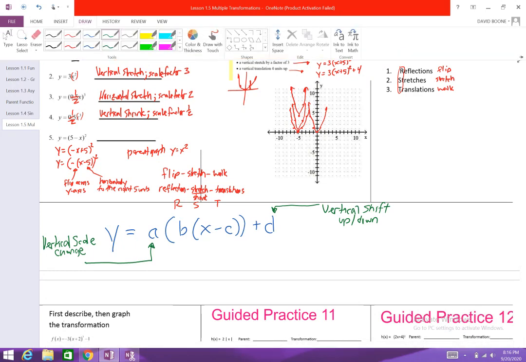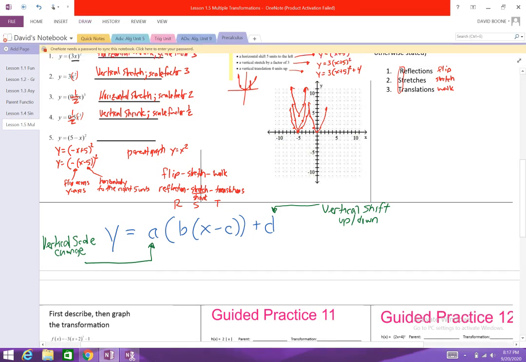Okay. Let's look at the ones that are inside the parentheses. Let's look at this B value. This B value is inside the parentheses by the X, so it's going to affect it horizontally. So this is a horizontal scale change.